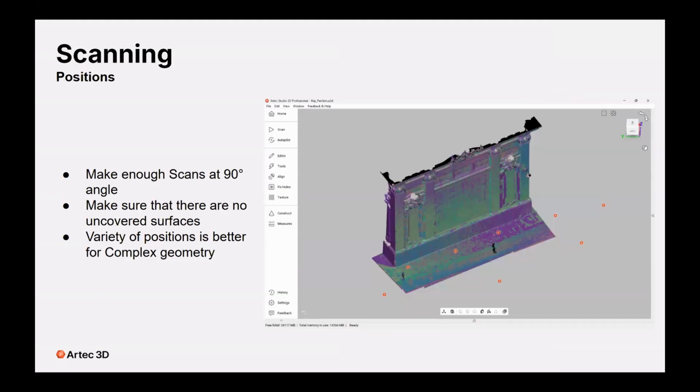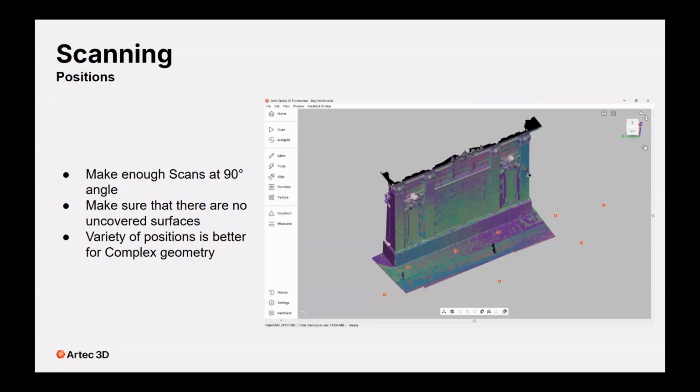Okay, so now as for the scanning positions, the trajectory for scanning, it's pretty similar to handheld scanners in a sense. Ideally, you would also want to make enough scans at a 90-degree angle to your target surface. As you could see right here on the image on the right, the positions of the scanner are highlighted with those red circles.